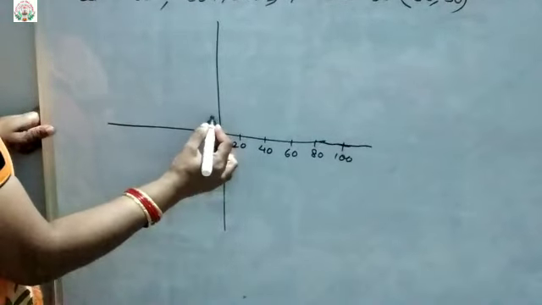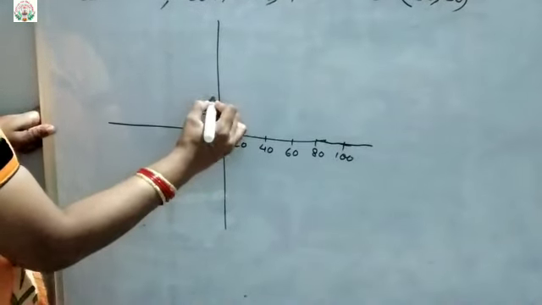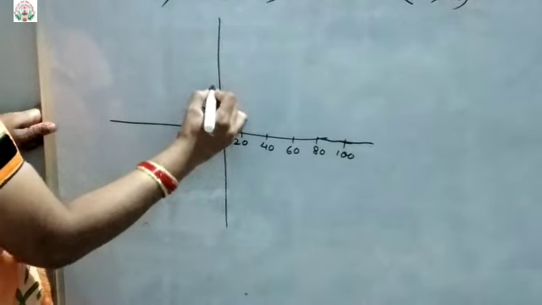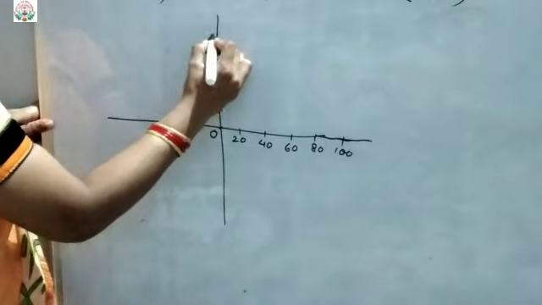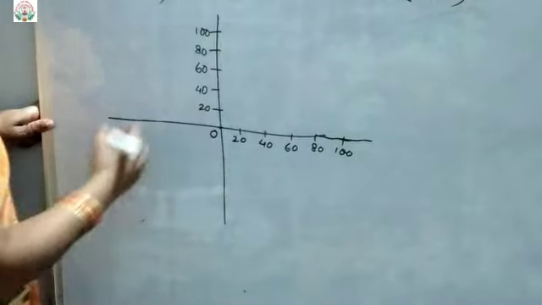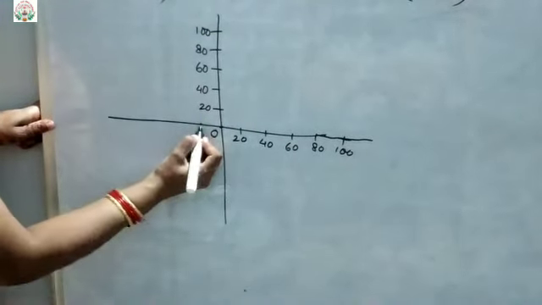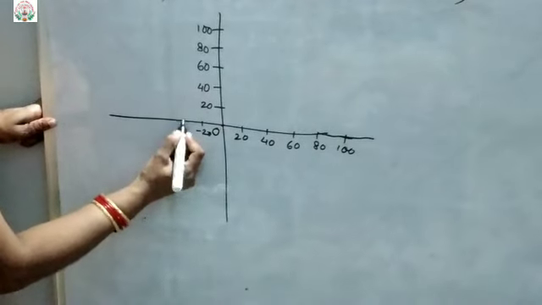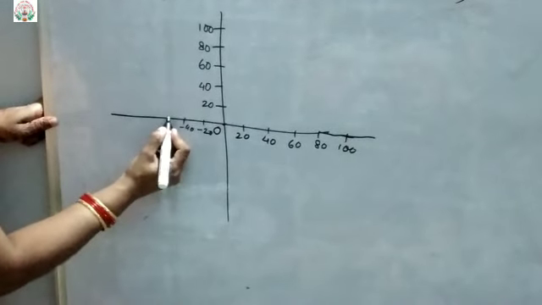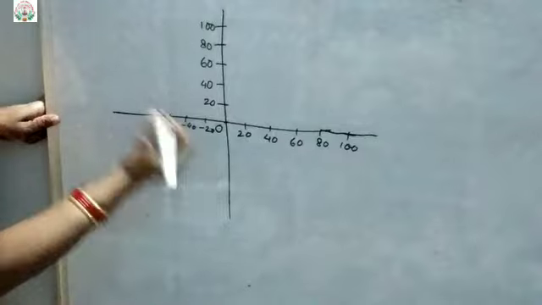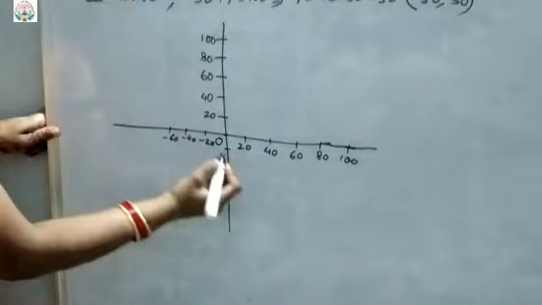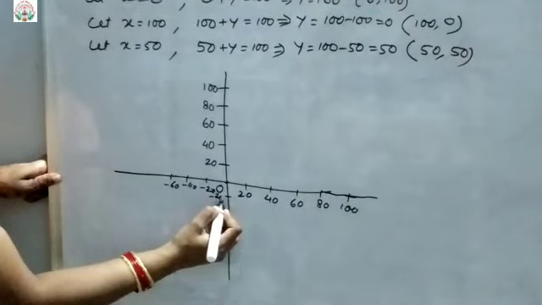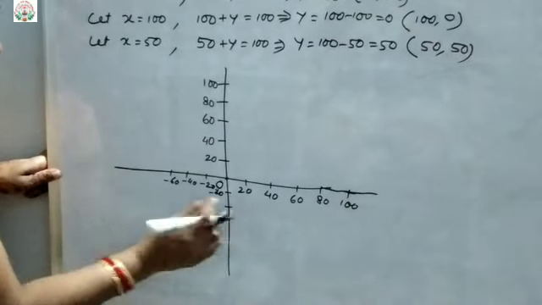Same way on the y-axis, a gap of 20, then 40, then 60, then 80 and then 100. Same way to the left, 20, 40, minus 40, minus 60 and so on. Here we do not have any negative values, so we will take only the two values, enough.